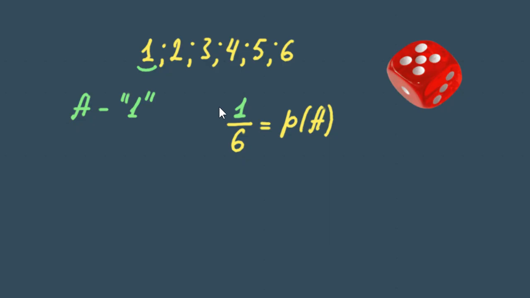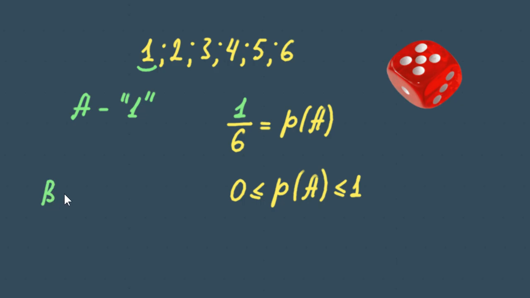The value of the probability cannot be more than 1, since the number of favorable events cannot be more than the number of possible events. And on the other hand, the value of the probability cannot be less than 0. 0 is when an event cannot occur, or an impossible event.